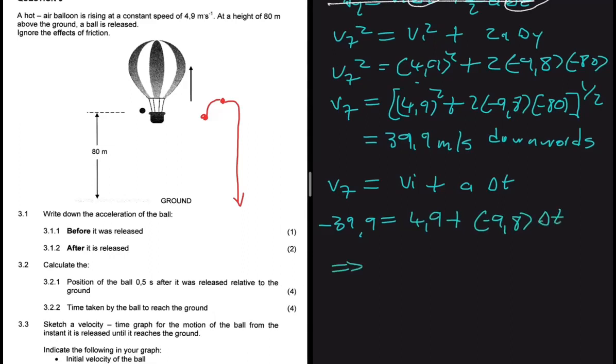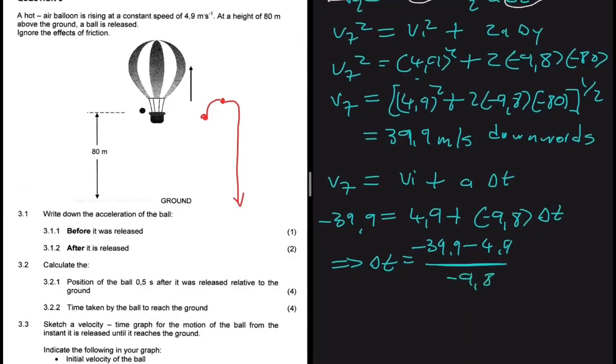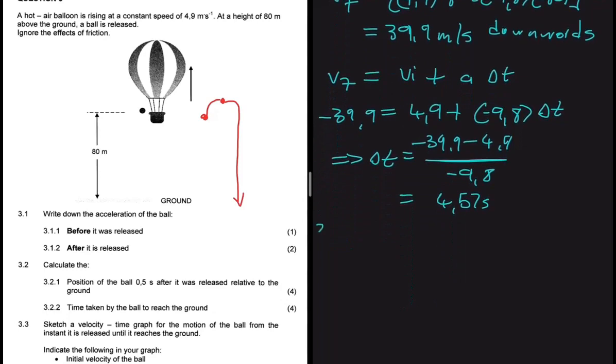So we can see that delta t is going to be equal to minus 39.9 minus 4.9, everything divided by minus 9.8. And this will be equal to 4.57 seconds. So that's the time taken by the ball to reach the ground. Then now moving to 3.2.3.